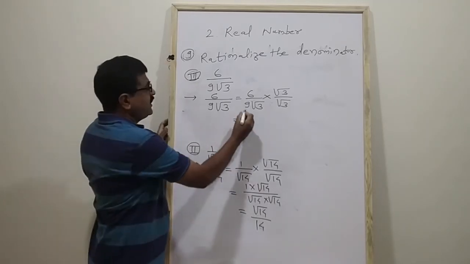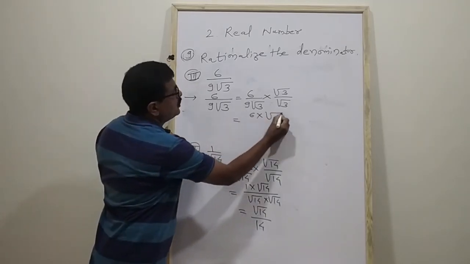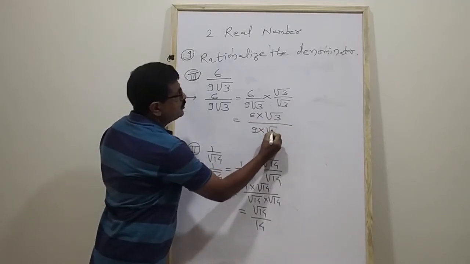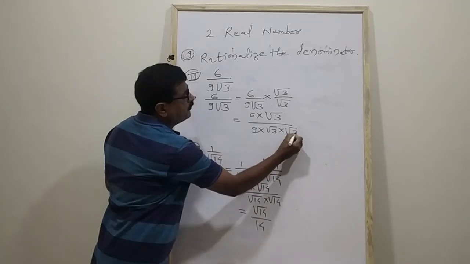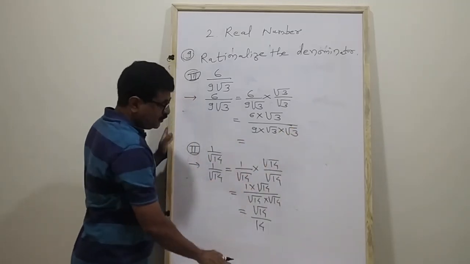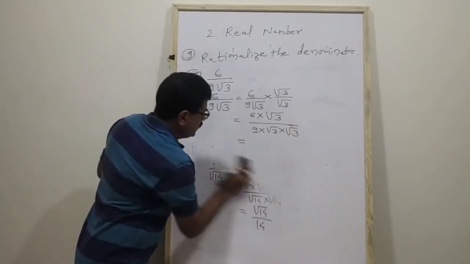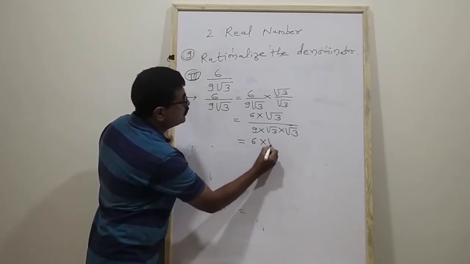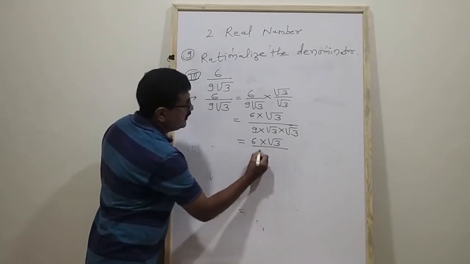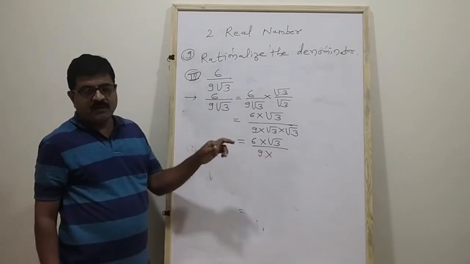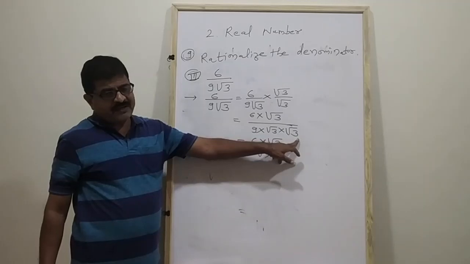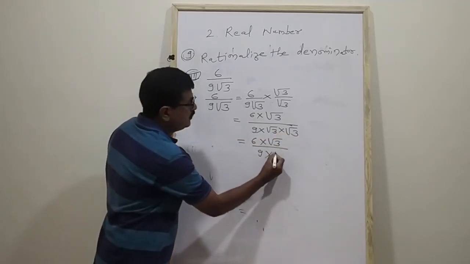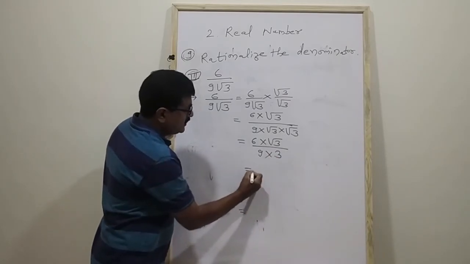Now here 6 into square root 3 divided by 9 into square root 3 into square root 3 is equal to. Now here 6 into square root 3 divided by 9 into square root 3 into square root 3 is square root 9 and square root of 9 is 3. Therefore 3 is equal to.